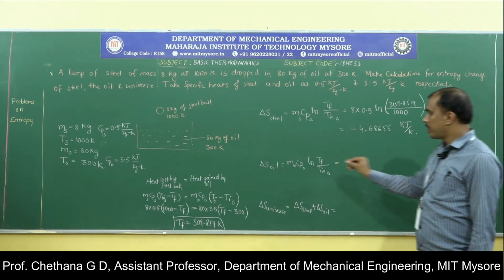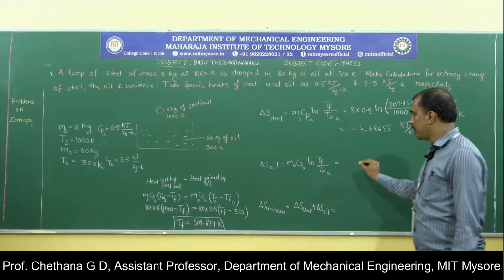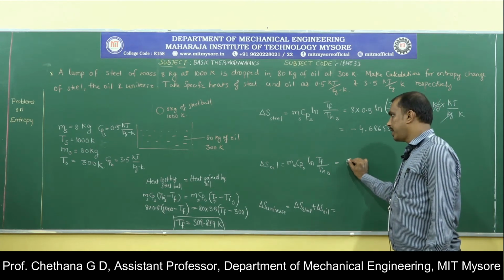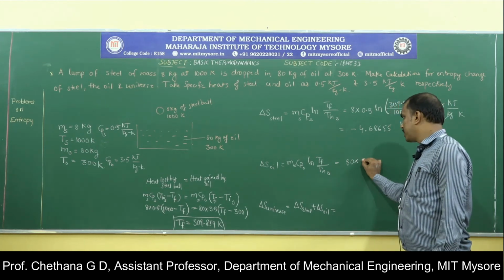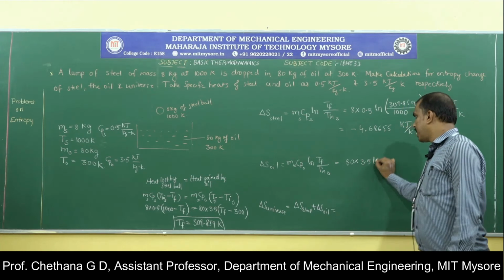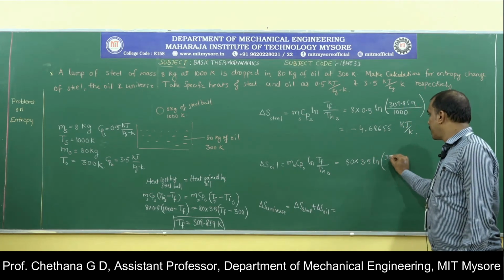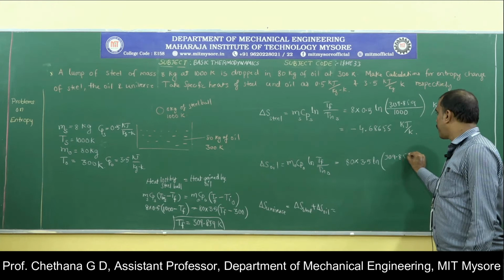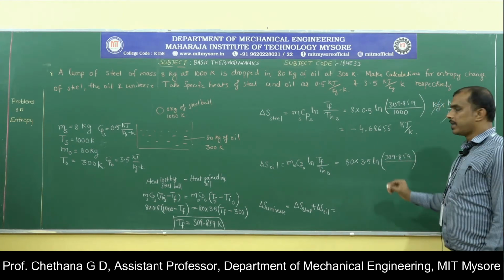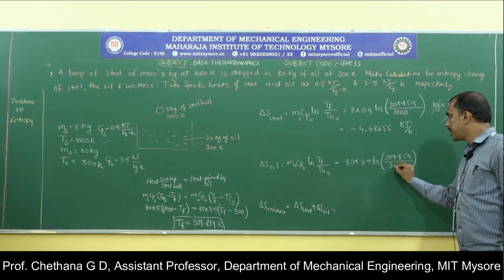Now similarly you can calculate the change in entropy of oil. Mass of oil is 80, Cp of oil is 3.5, ln of T final 309.859, initial temperature of the oil is 300.